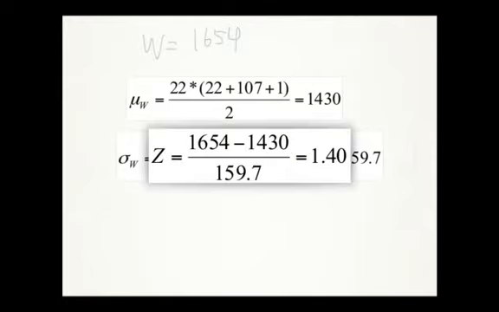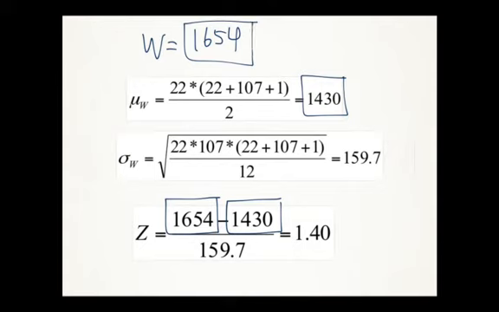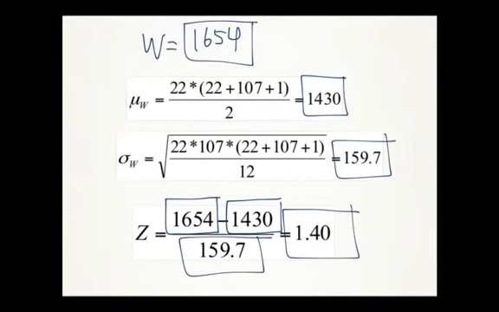And so as a result, our Z statistic, W minus mu sub W, 1654 minus 1430, divided by sigma sub W, 159.7, gives us this 1.4 for our standard normal Z statistic. Okay? And again, ties and all those sorts of things are going to be handled by Stata, so we don't have to worry about doing this by hand. Okay?